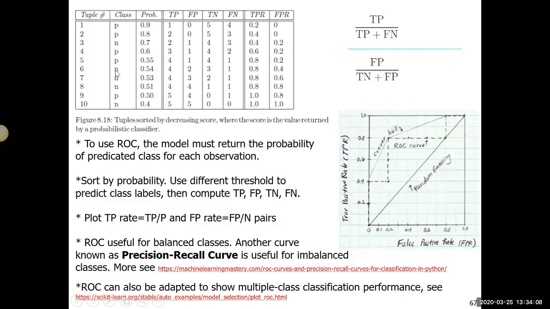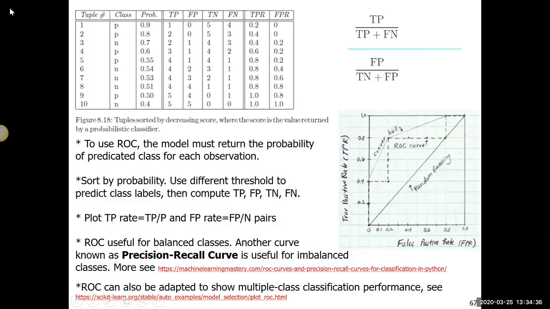Is the third column, the probability column, the threshold that is used to switch between positive and negative cases?